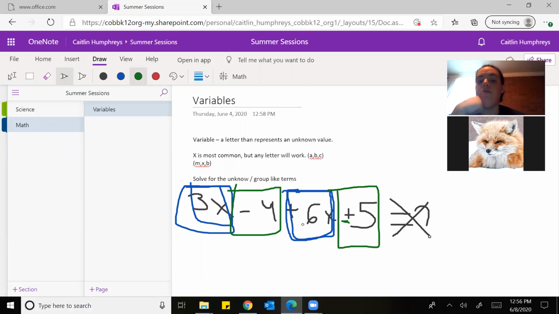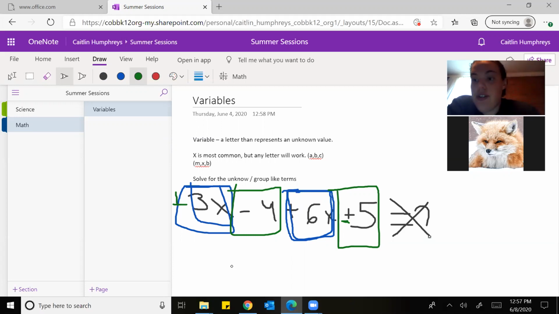It is not after, it is before. So this positive 6x is adding to this positive 5. This positive 3x, because there's nothing here, so it's an assumed positive, is subtracting 4 from it. So the symbol before the number goes with the number, not after. So we have a negative 4 and a positive 5.